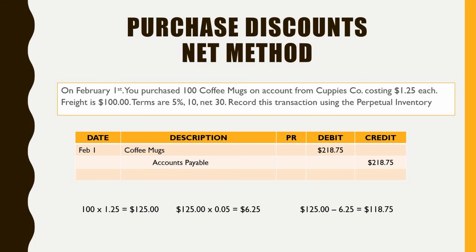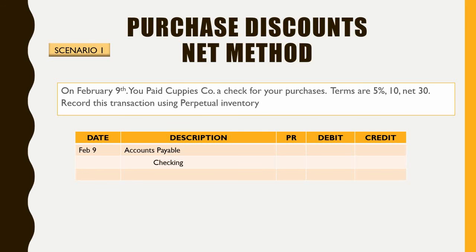Okay? Excellent. So then now here is where I'm going to make a payment. So scenario 1. It is now February 9th, and we decided to pay Cuppy's Co. with a check for the purchases that we made. So in this case, reminder, terms was 5%, 10, net 30.